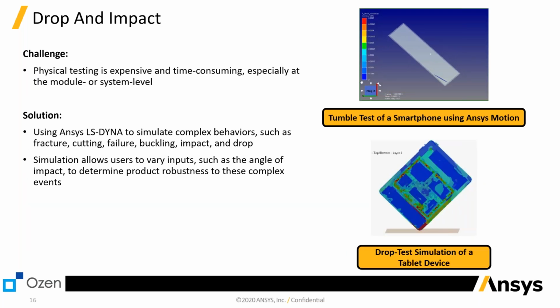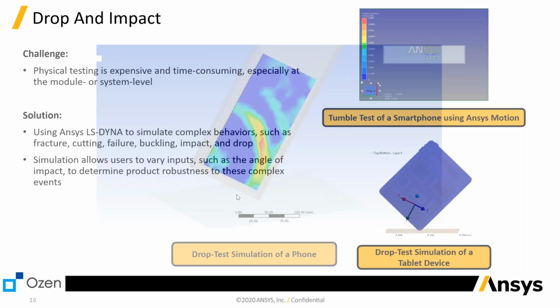And drop and impact, again, these are mostly handled in our explicit simulations. And we also have ANSYS Motion, where you can actually do the tumble test in ANSYS Motion.